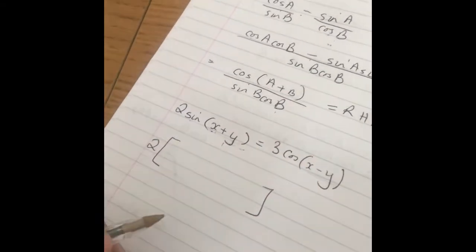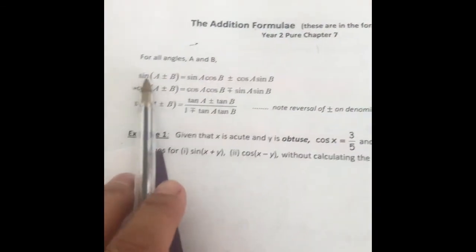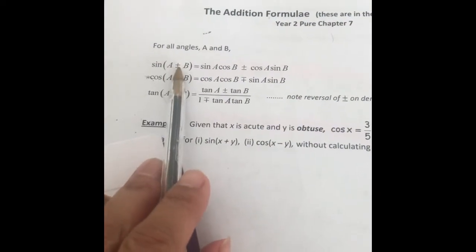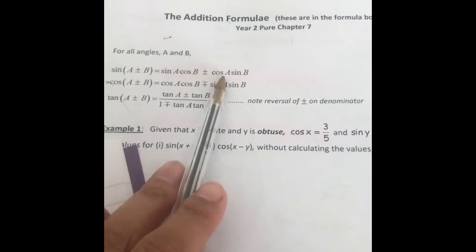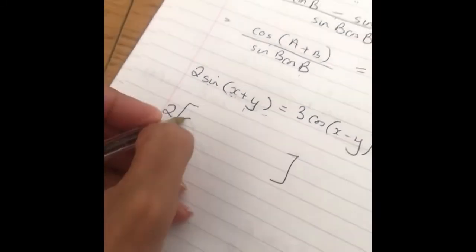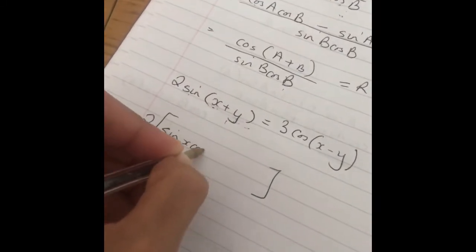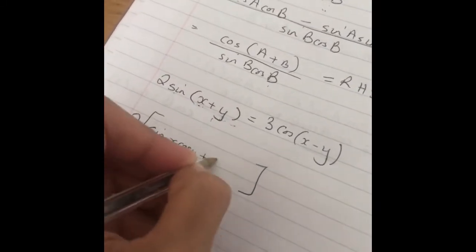So rather than writing sine of x plus y, I'm going to use this formula here. Sine of x plus y will be sine x cos y plus cos x sine y. So I'm just going to put that in. So that will be sine x cos y plus cos x sine y.